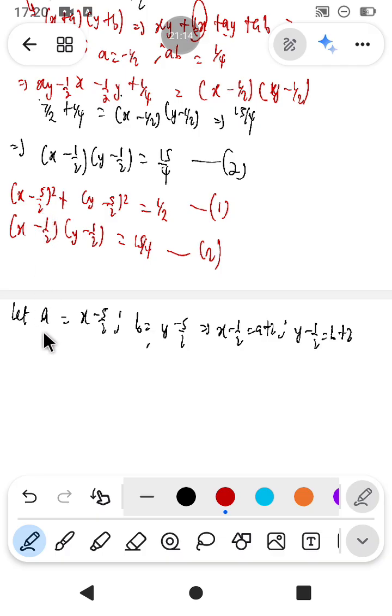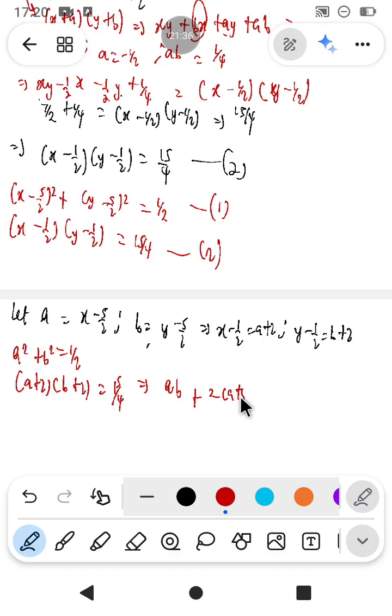(x - 5/2)² + (y - 5/2)² would be A² + B² = 1/2. Then here we have (A + 2)(B + 2) = 15/4. If you expand this, it will be AB + 2(A + B) + 4 = 15/4.